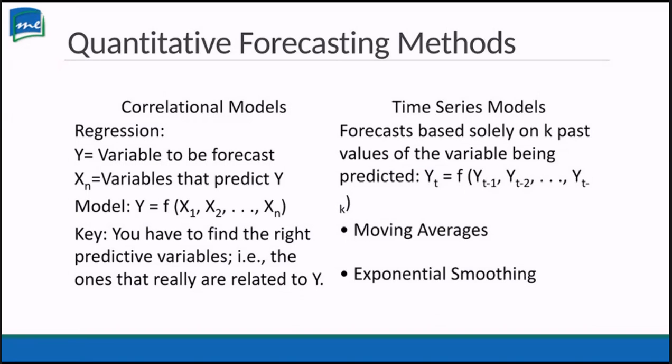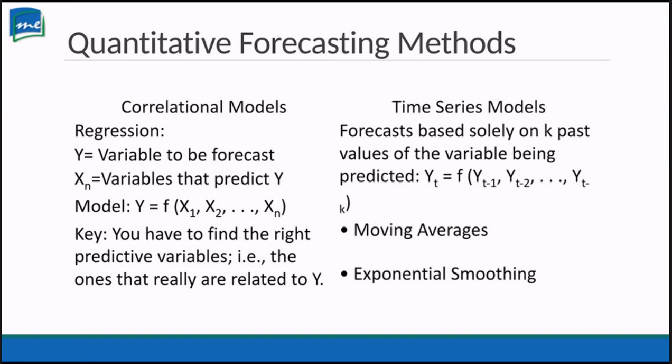If you can find a variable which has an impact on the factor you want to forecast, then you will be able to use regression to get the number you want to know.